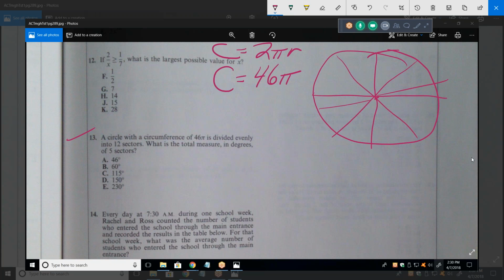There's 12 sectors. What's the total measure in degrees of 5 of the sectors? Well, first of all, what's the total measure of all 12 sectors in degrees? 360. So what's the total measure of 5 of those?